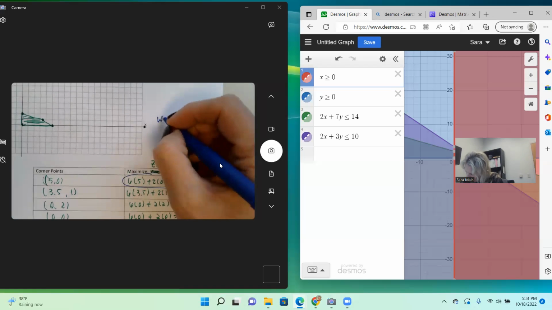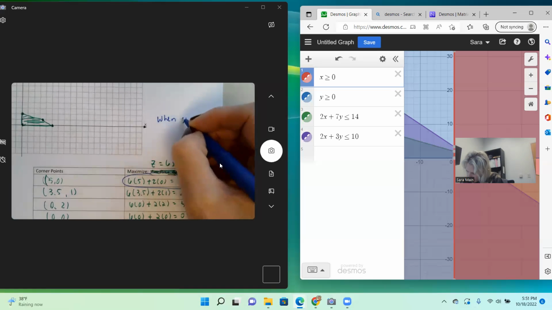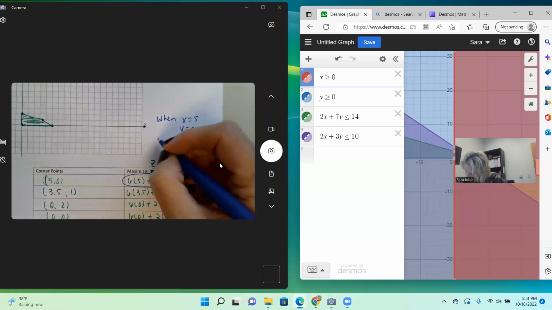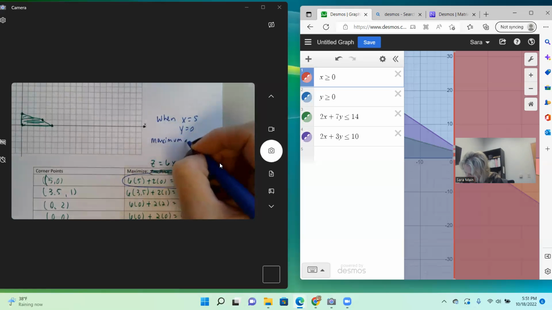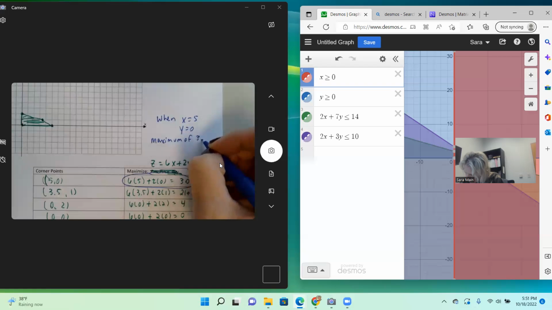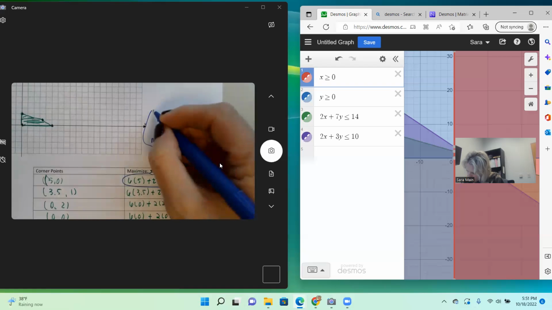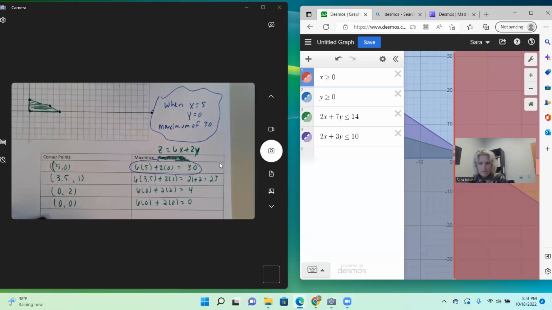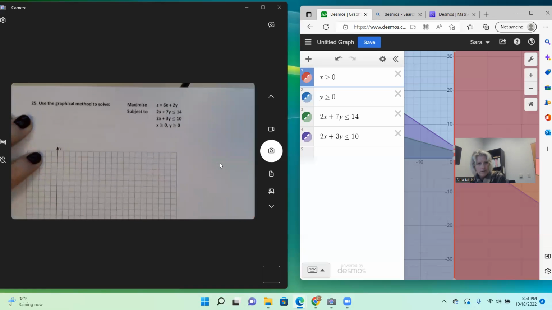So when x is 5 and y is 0, the maximum is 30. That's not problem number 25 here.